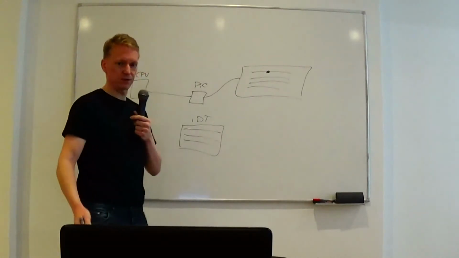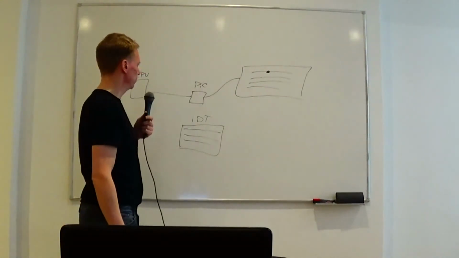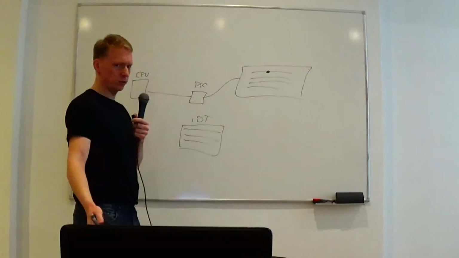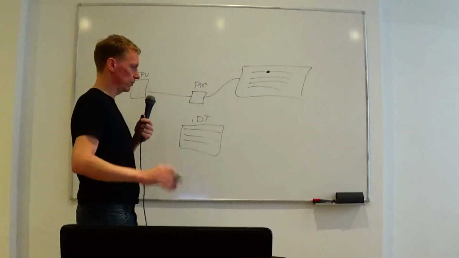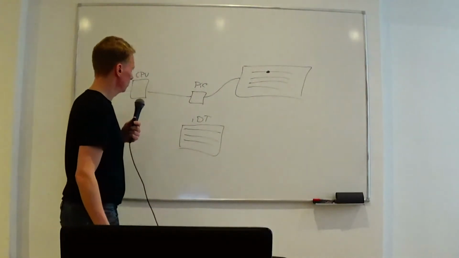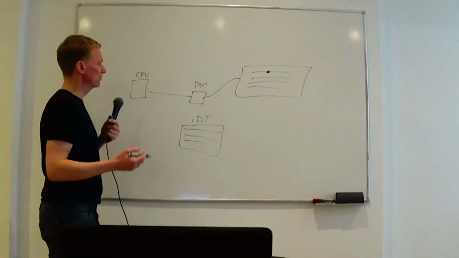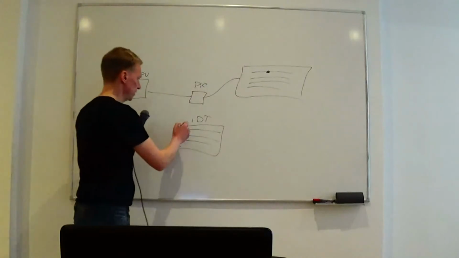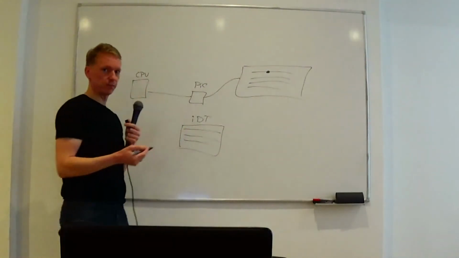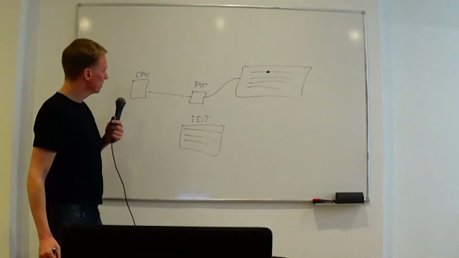I guess your computer will probably restart, or the virtual machine will probably just terminate, or whatever. So before we can tell the PIC to give us this information, we first have to set up the interrupt descriptor table.